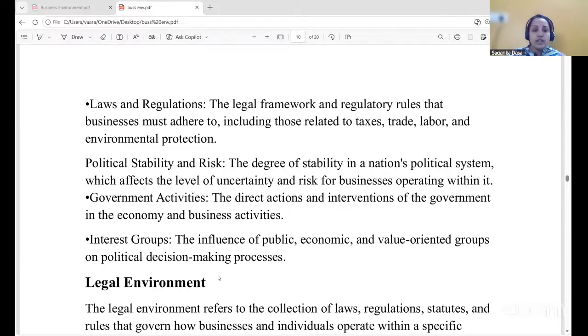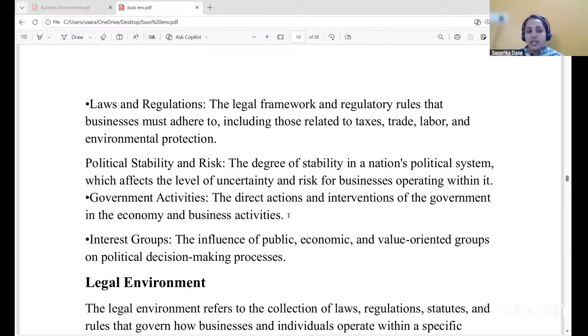Then government activities: the direct actions and interventions of government in the economy and business activities, such as giving subsidies to businesses doing ecological or sustainable development. Such policies or activities will have an impact on the business.